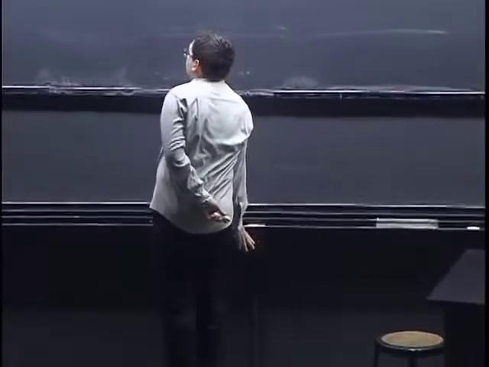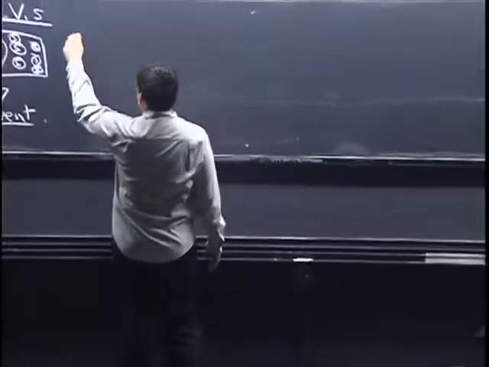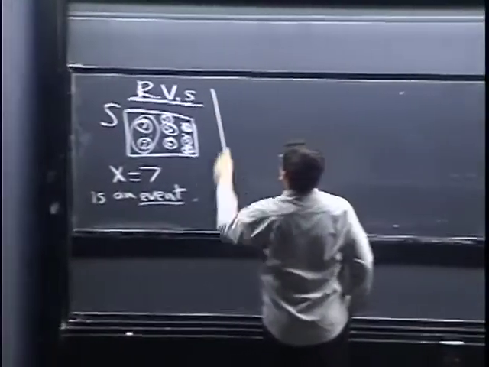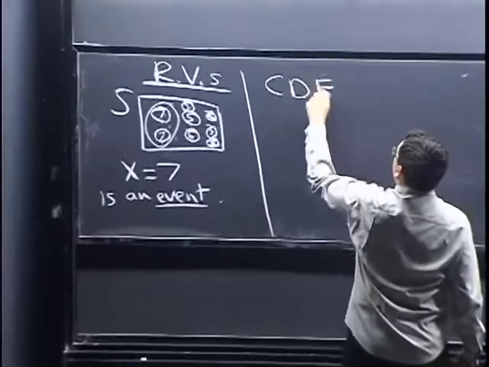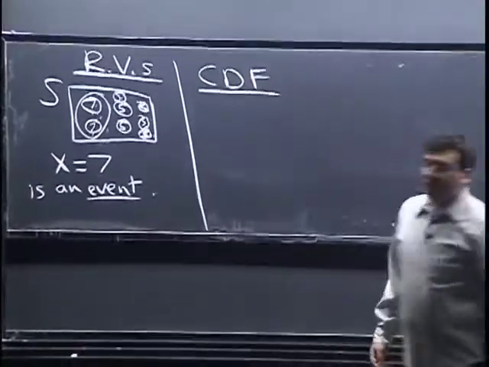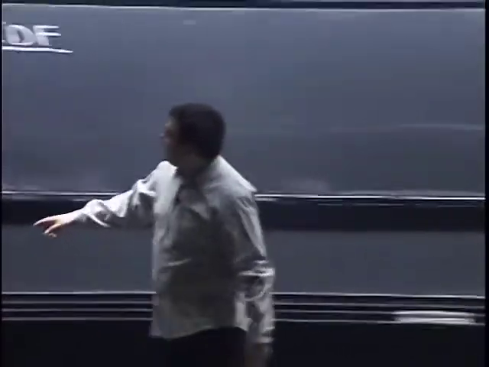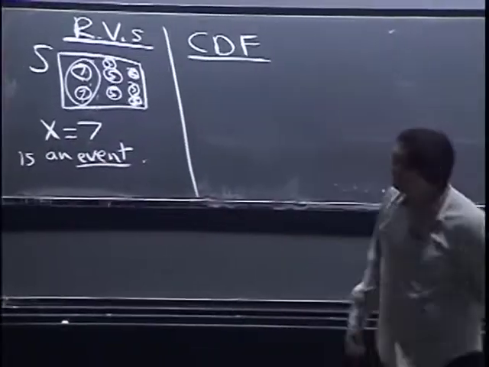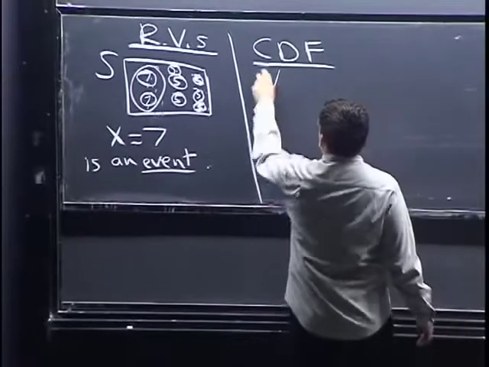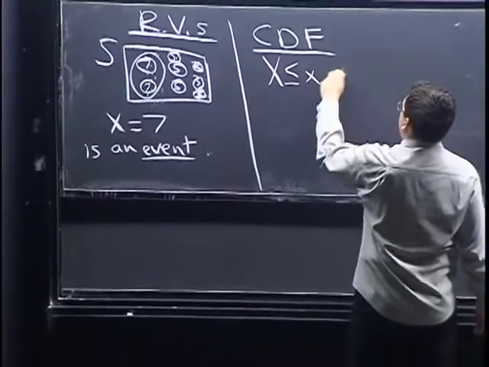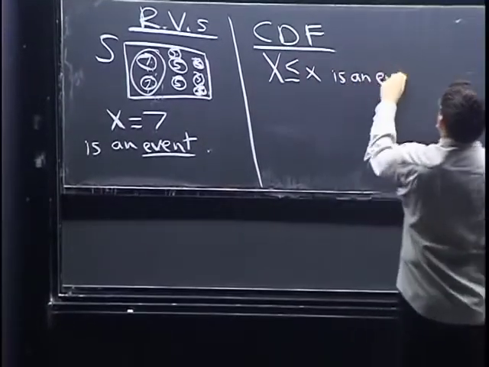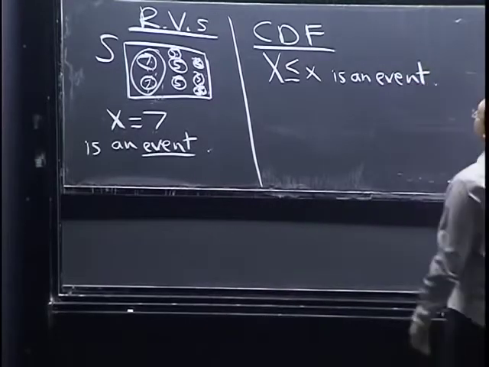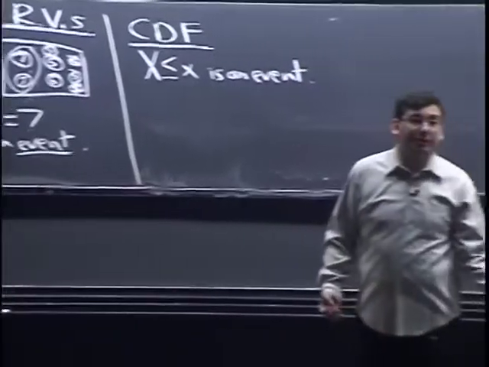So therefore, it makes sense to write down things like, we're going to find something called a CDF. X equals 7, or X equals any little x, is an event. X less than or equal to little x is an event. So it makes sense to talk about its probability.